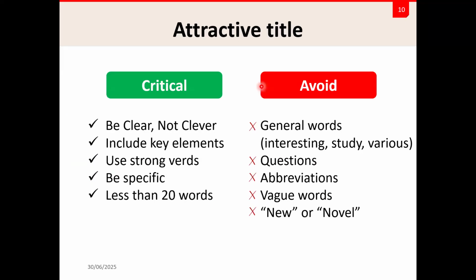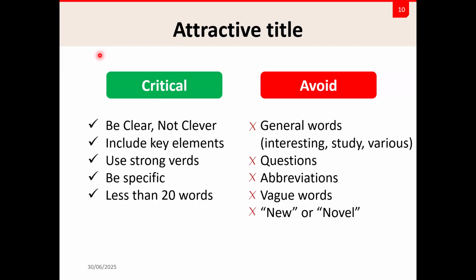So an attractive title has some critical things to consider as well as some things to avoid. Always be clear, not clever. Write very simple sentences and you don't have to show you are clever. You are already a scientist and you are clever. That's why you do the research.